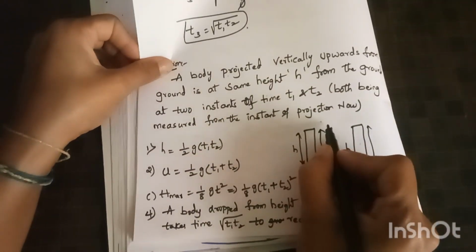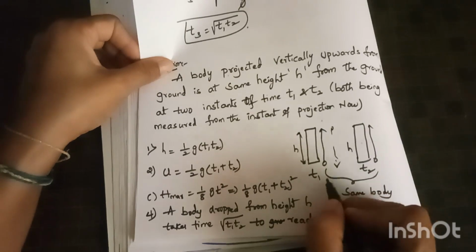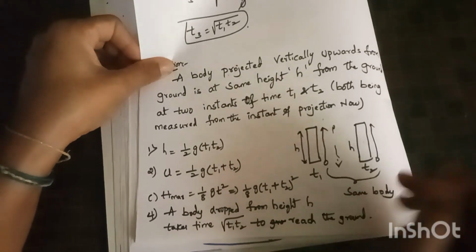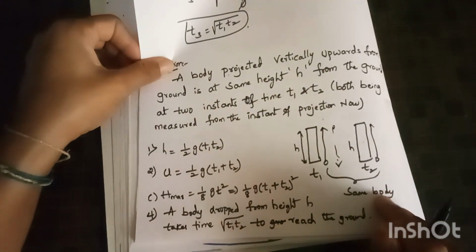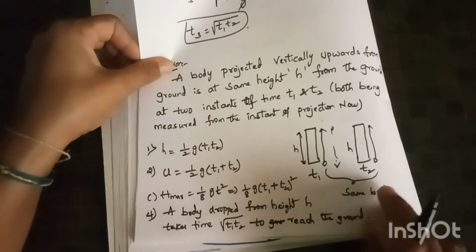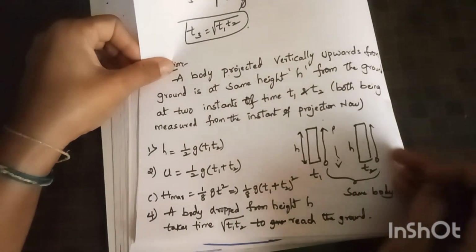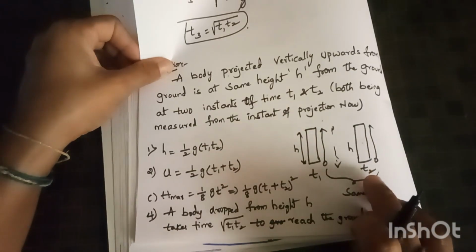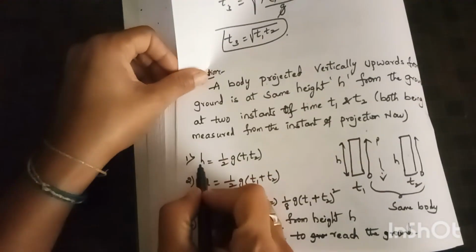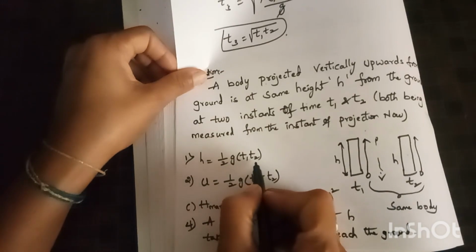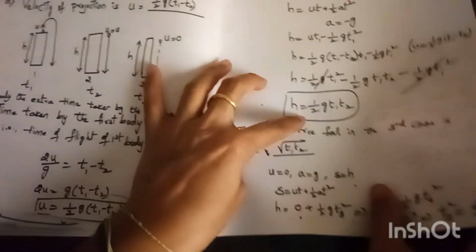After reaching the maximum height, it reaches the ground. The time taken is t1, and the same body with different timing, that is t2, is projected with the same height. After reaching the maximum height, it reaches the ground with the time t2. So the height can be written as half g t1 t2. Same as this, half g t1 t2.